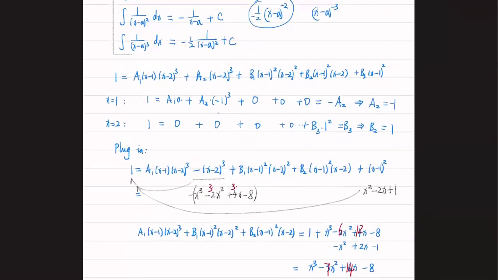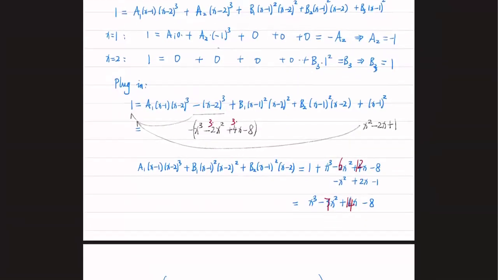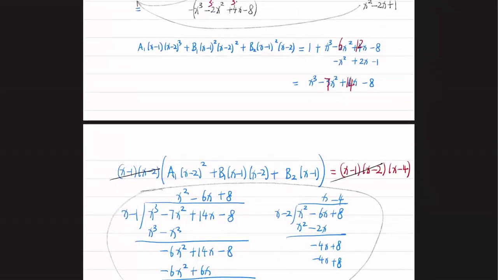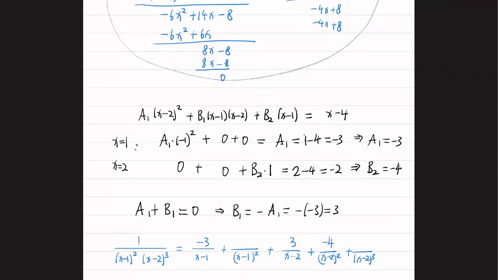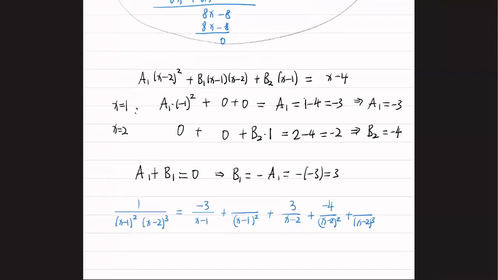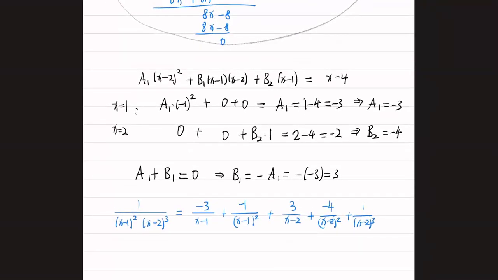Then the integral of this very complicated rational function is reduced to 5 simpler integrals. We can integrate them without much difficulty.